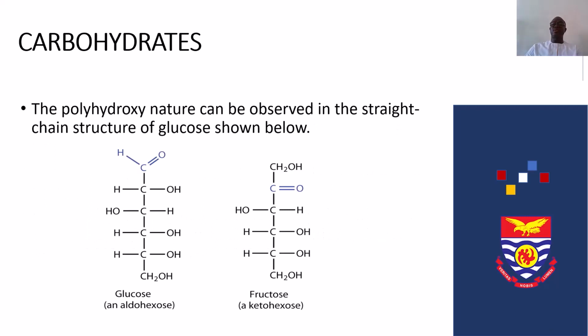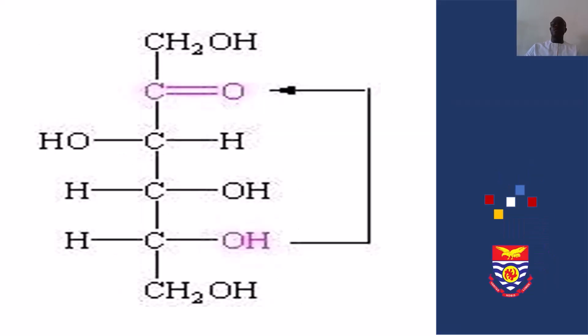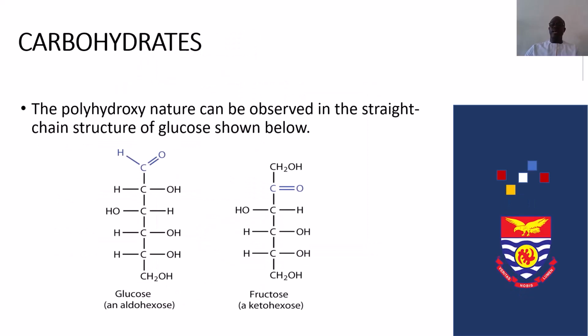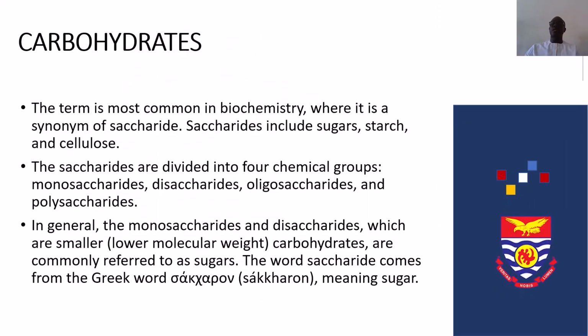The polyhydroxy nature can be observed in the straight chain structure of glucose shown below, as in glucose and fructose, an aldohexose and a ketohexose. So this is the structure of the aldohexose. Carbohydrates. The term is most common in biochemistry, where it is a synonym of saccharide.